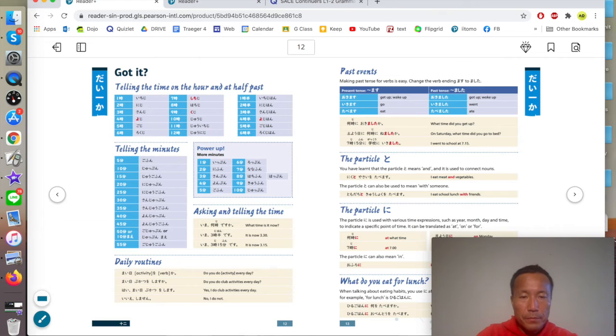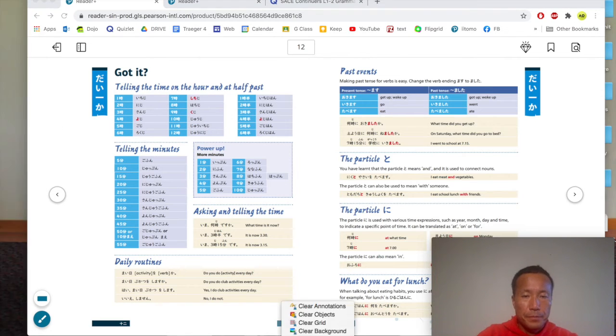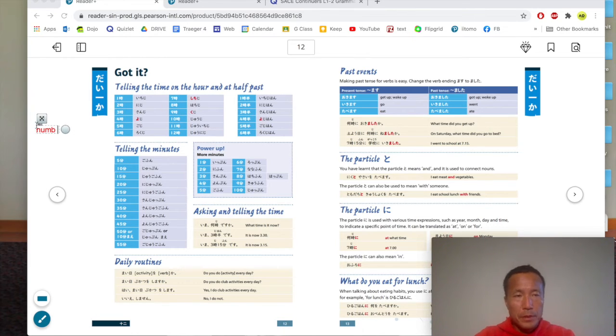So you add 時 after the number, 5時、11時, stuff like that. This should not be too hard. And for the minutes, you add 分 after the number, sometimes ぷん, 5分、10分、15分. So those are how to say the minutes.